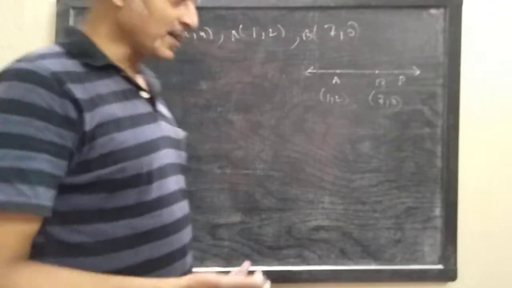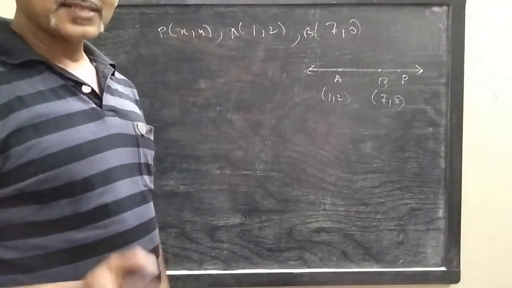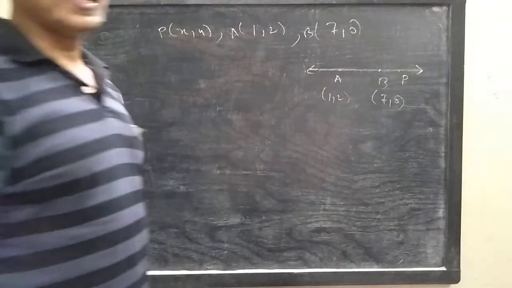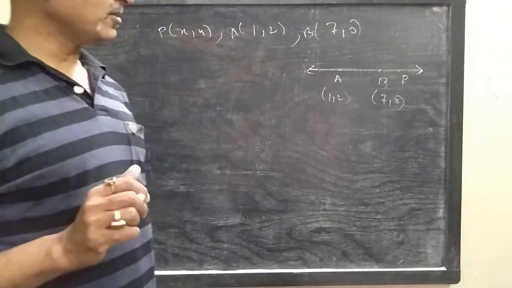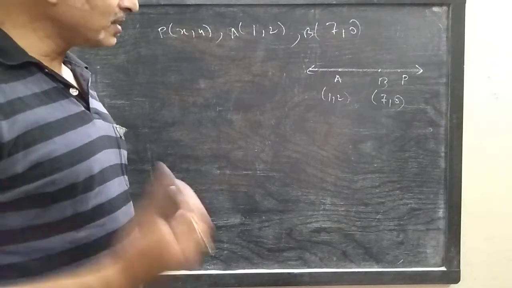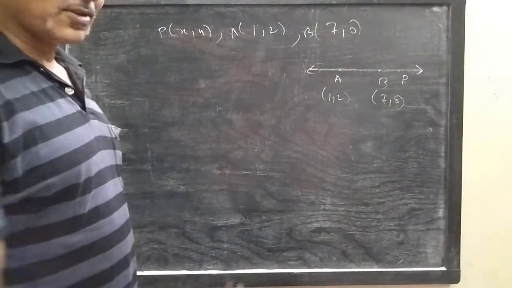The relation between x and y which they have asked to find here is nothing but the equation of the line. And this you will have to understand, because in the next chapter when we study straight lines, then this will occur there.